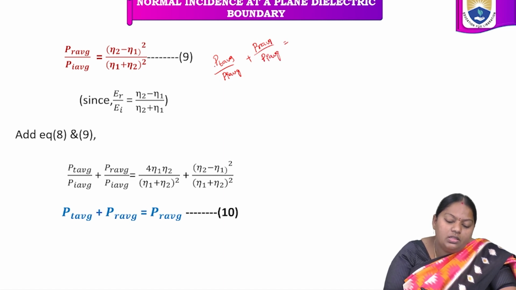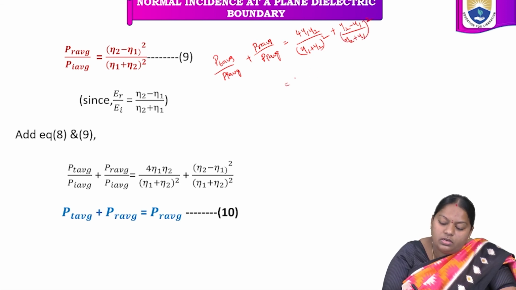So by adding these two, PT average by PI average plus PR average by PI average, which is equal to 4 eta 1 eta 2 by eta 1 plus eta 2 whole square plus eta 2 minus eta 1 by eta 2 plus eta 1 whole square.